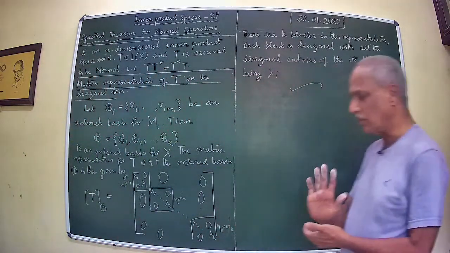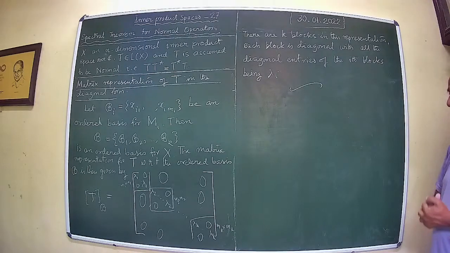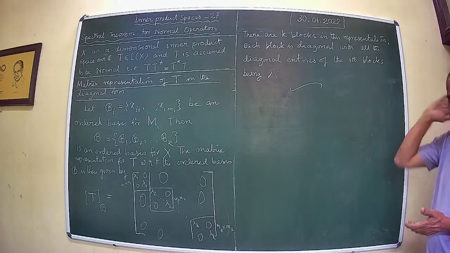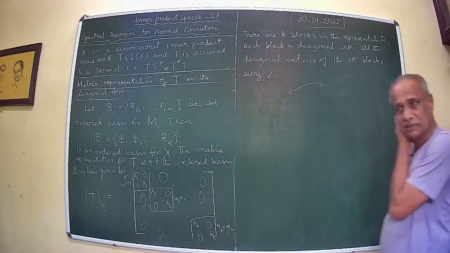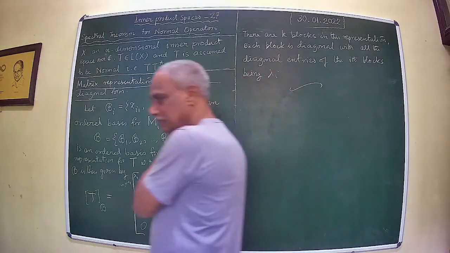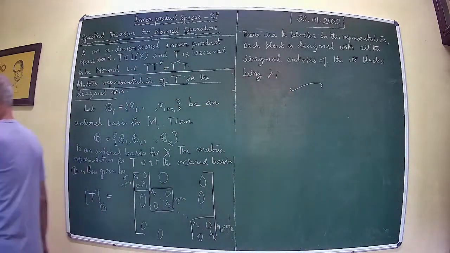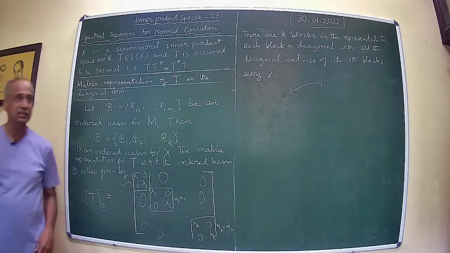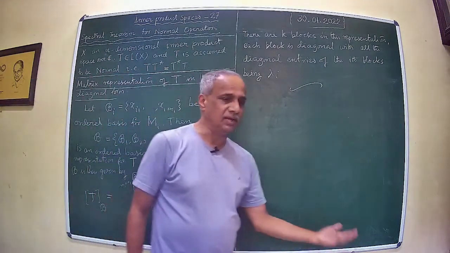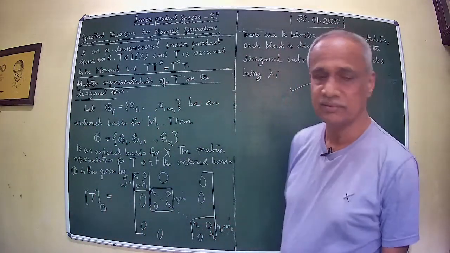Now I just want to make a couple of remarks. One, of course, this is equally well valid for self-adjoint operators. Now the special advantage that you have is that all the eigenvalues, that is all the lambda i's, are real.